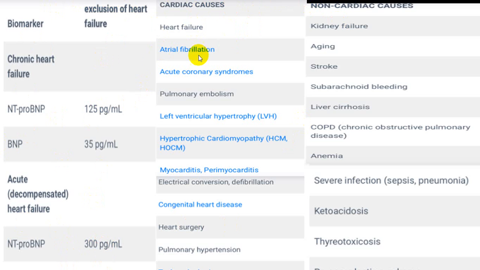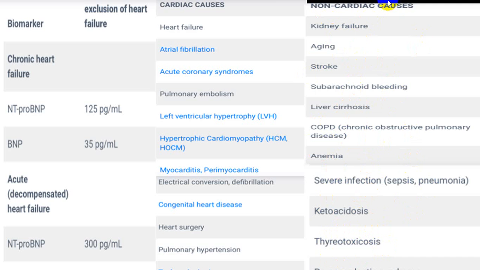These are all the conditions where BNP can be elevated: heart failure, atrial fibrillation, acute coronary syndrome, pulmonary embolism, left ventricular hypertrophy, hypertrophic cardiomyopathy, myocarditis, perimyocarditis, after electric cardioversion, defibrillation, congenital heart disease, following a cardiac surgery, pulmonary hypertension, and in non-cardiac conditions like kidney failure, aging, stroke, subarachnoid hemorrhage, cirrhosis, COPD, anemia, severe sepsis, ketoacidosis, thyrotoxicosis, paraneoplastic syndrome.